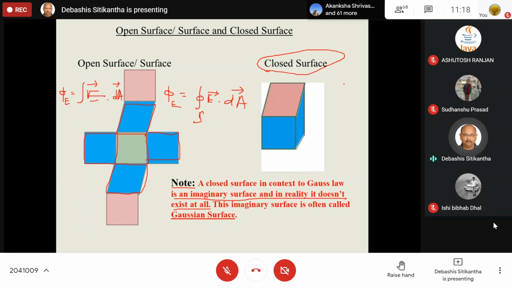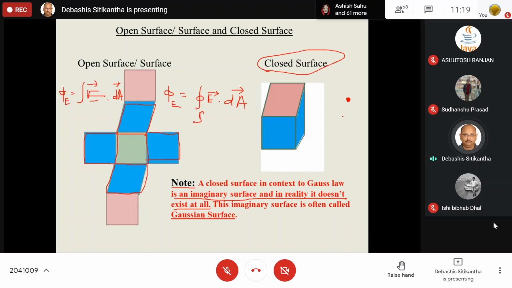Now let us test your knowledge. Suppose I have a point charge over here. Can anybody tell me what is the Gaussian surface for this point charge? Yes, anyone who can tell me the answer? Come on, what will be the Gaussian surface? I have told you that the Gaussian surface, or the closed surface, is going to completely enclose the source of the charge symmetrically.